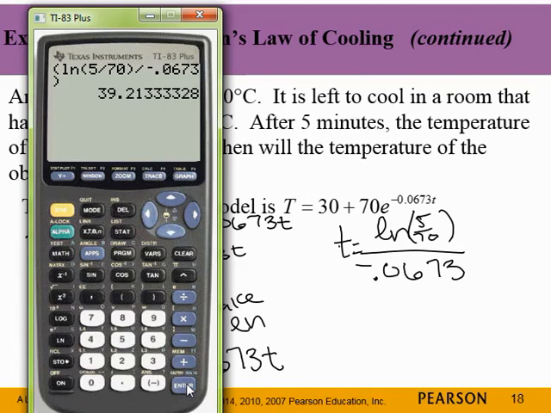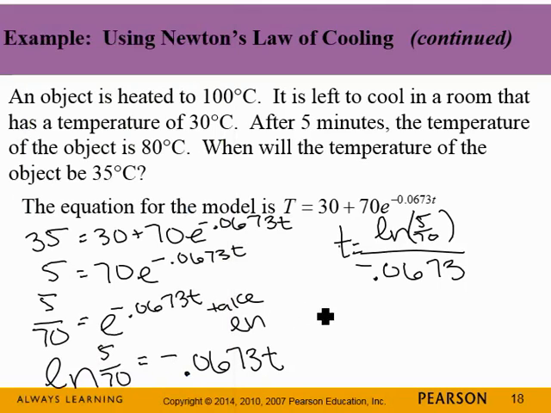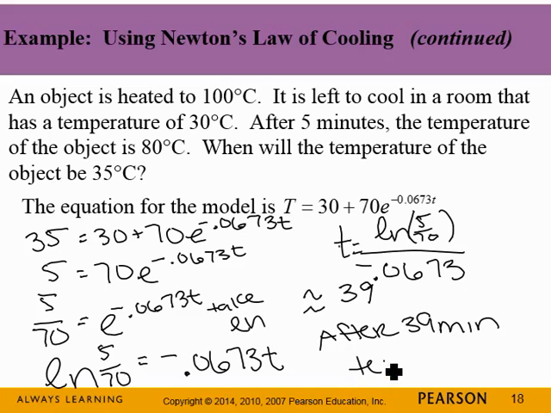You get 39.2133, etc. So this means your answer is about 39. So after 39 minutes, your temperature will be 35 degrees Celsius.